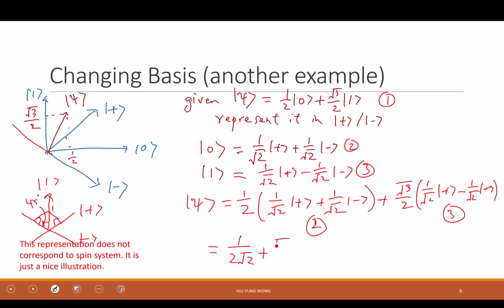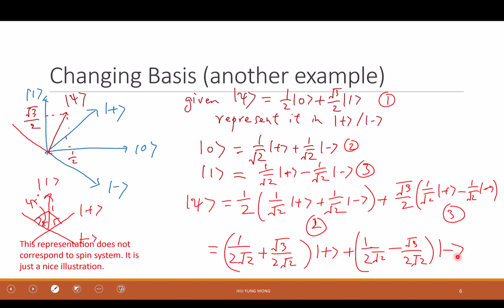Plus square root 3, the whole thing, plus half square root 2 minus square root 3. Sorry, the writing is not good. Is this okay?